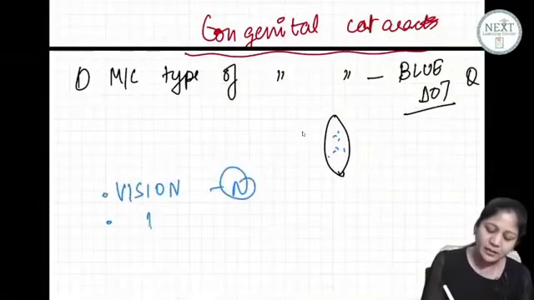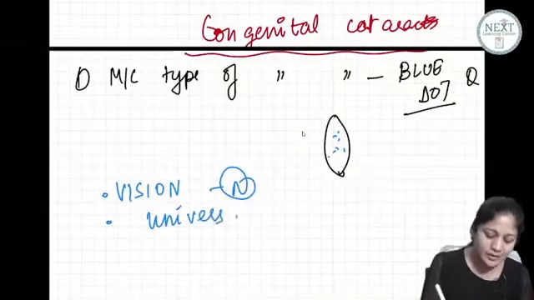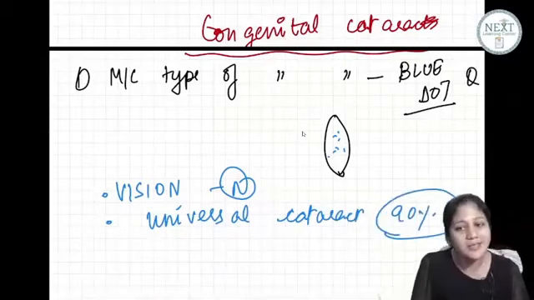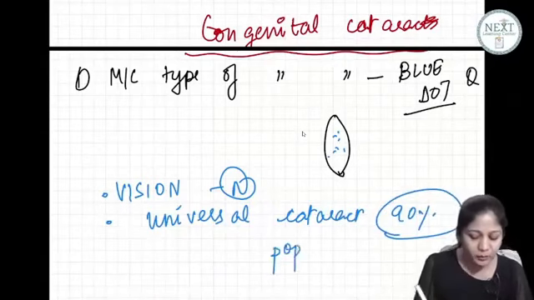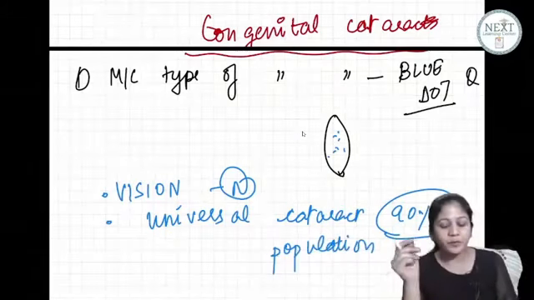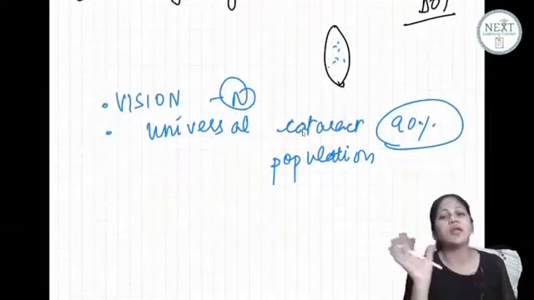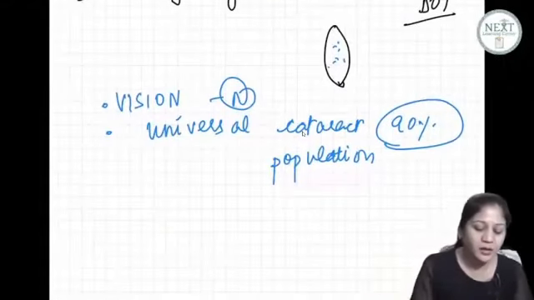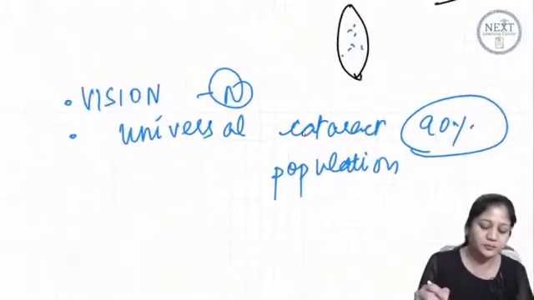It is mostly a universal cataract. Universal means that more than 90% of the population has it. So maybe even I may have a blue dot, even you may have one, yes or no? But do we have a decrease in vision? No, vision remains normal.